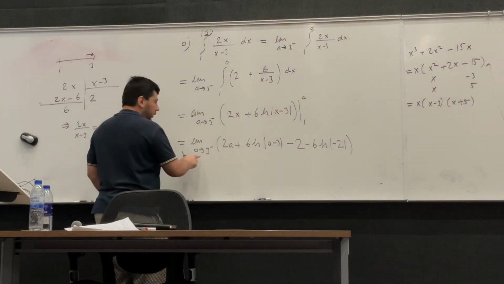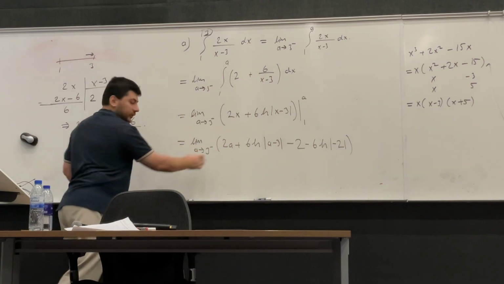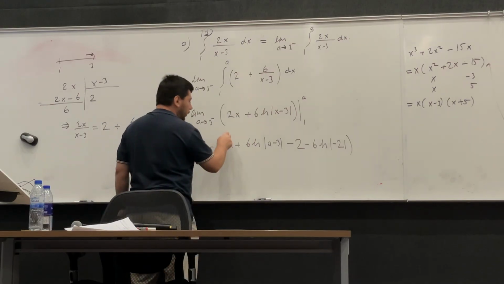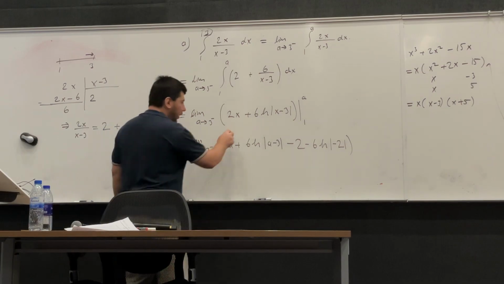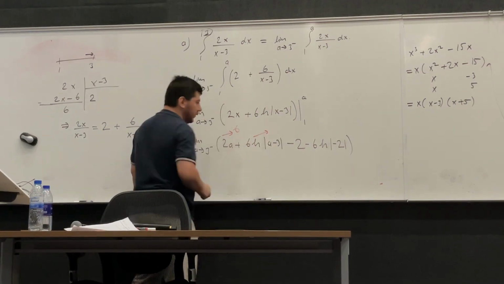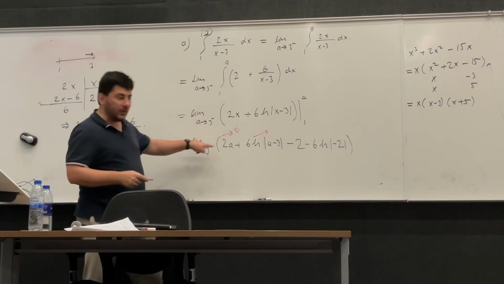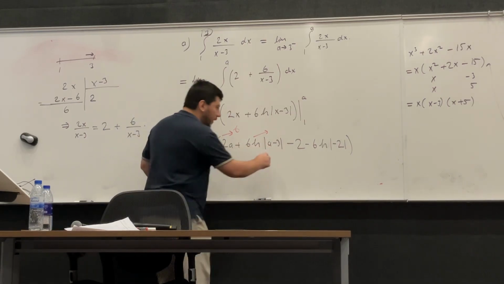Now, if a goes to 3 from the negative side, what happens to 2a? It will go to 6, very good. How about the ln term? Now a is going to 3 from the negative side, so a minus 3 is going to 0 from the negative side.